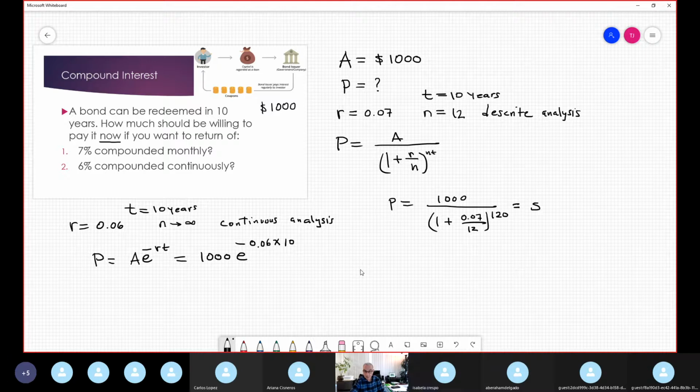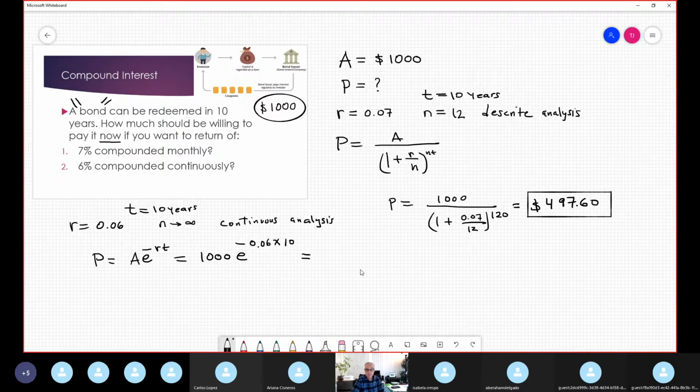Excellent. 497 and 67. This is the price now of the famous bond. A bond you purchase for this price, and after 5 years, you get 1,000. This is the idea.